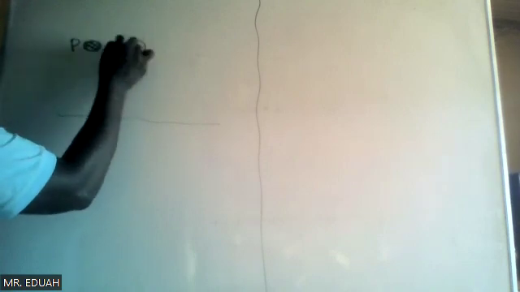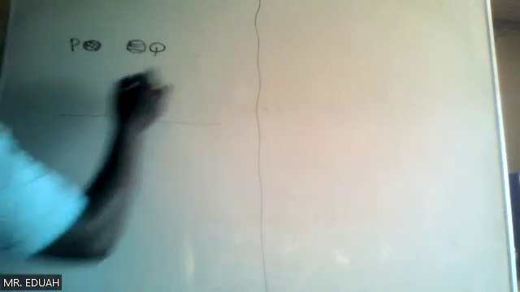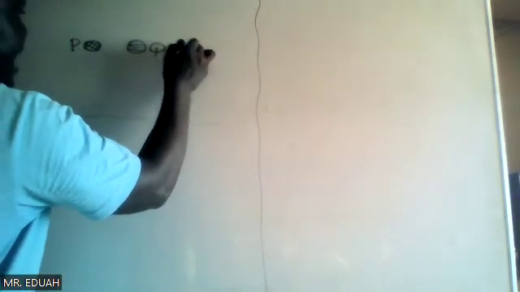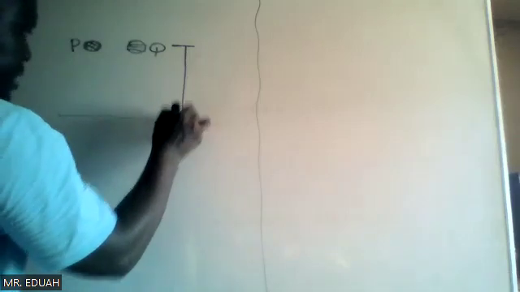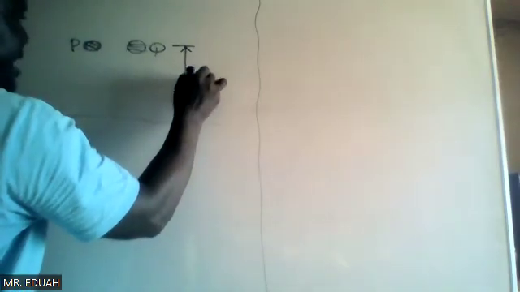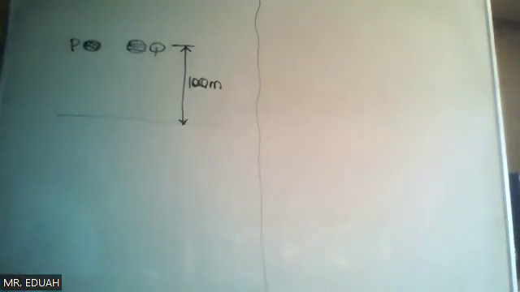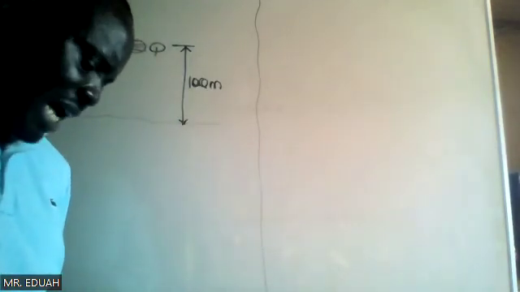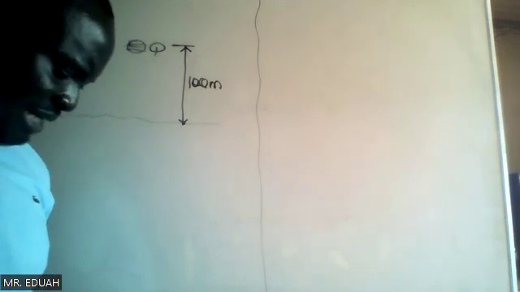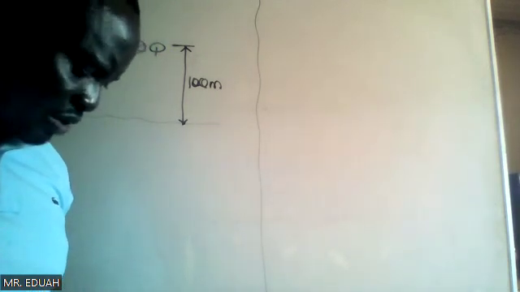We are told that we have two particles, particle P and particle Q. From where both particles are to the ground, the distance is 100 meters. So both of them are positioned at a height of 100 meters above the ground.